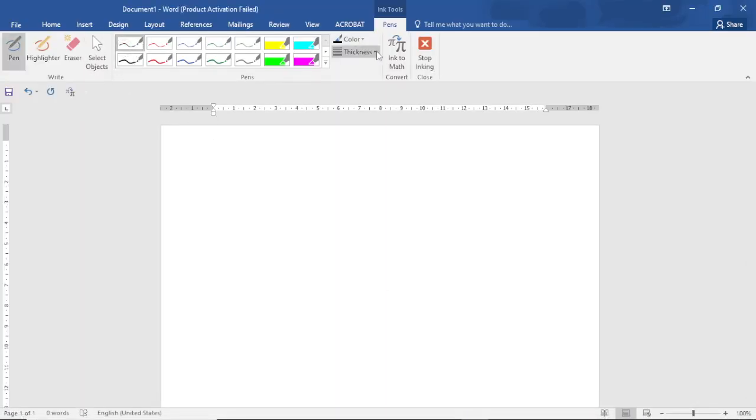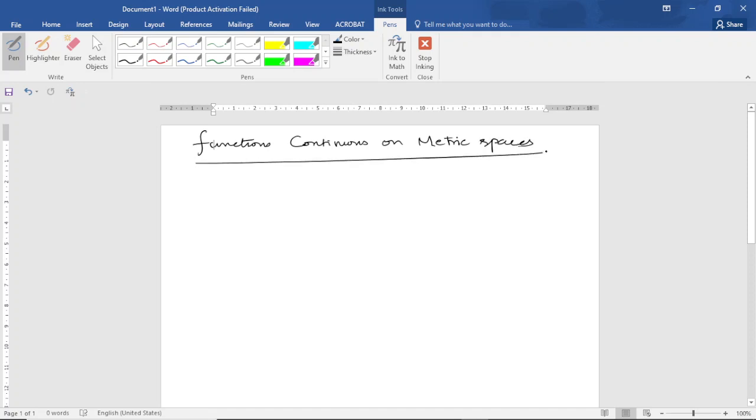So the topic we are going to discuss is functions continuous on metric spaces, and we shall begin with the definition.